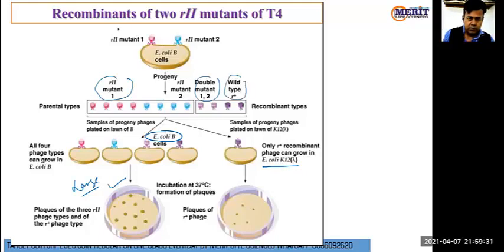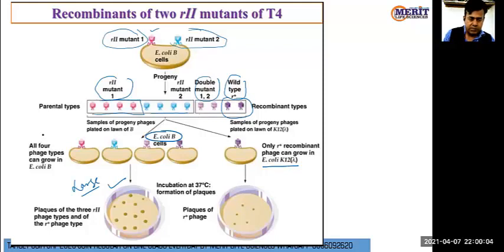So for the mutants, you can write rII mutant 1 in red color and rII mutant 2 in blue color. Red means mutant. All these are mutants. Sample progeny are plated, and this is mutant 2, and if they are recombining, then they become the wild type, otherwise they become the double mutant.